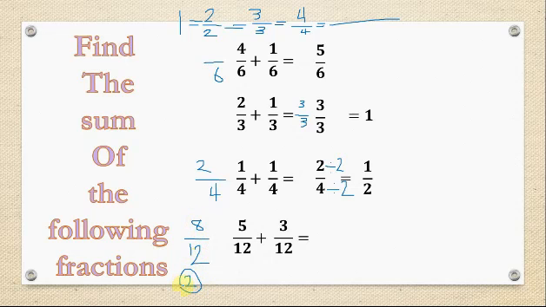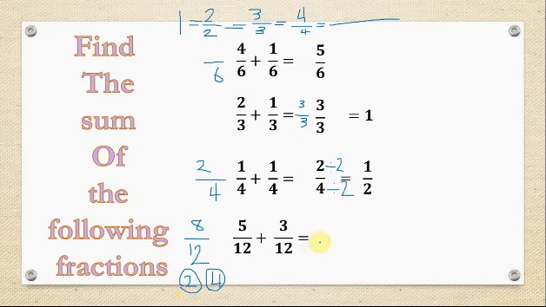Let's check if 8 and 12 exist in another table. Let's see table 3: 3, 6, 9. We don't have 8, so I can't use this one. So check table 4: 4, 8, 12. Yes, they exist here in table 4, so we can divide by 4.